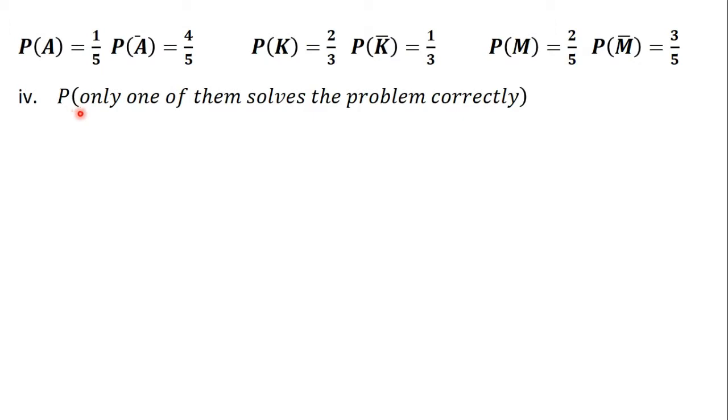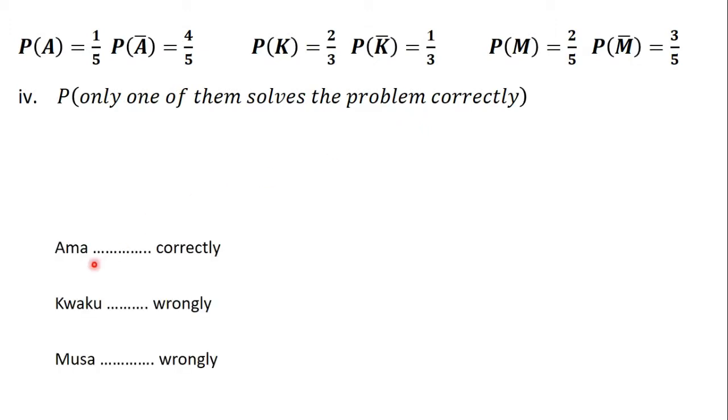We are going to find the probability that only one of them solves the problem correctly. Amma, Kweku, and Musa were given a question to solve in a contest, and we are being told that only one of them solves the problem correctly. This means that Amma solved the problem correctly, and Kweku solved the problem wrongly, and Musa solved the problem wrongly.